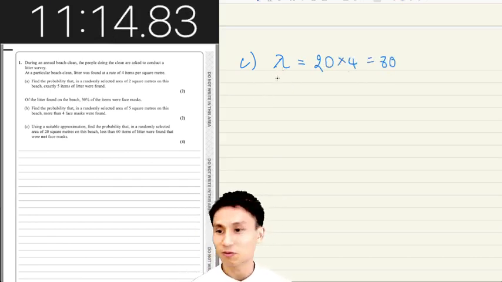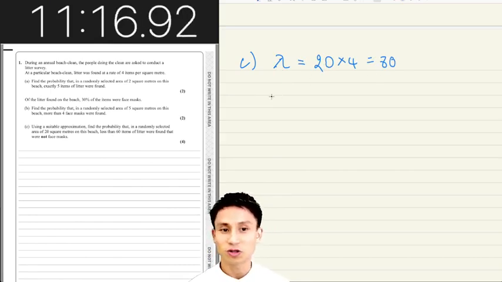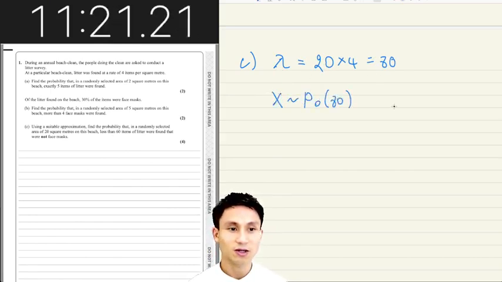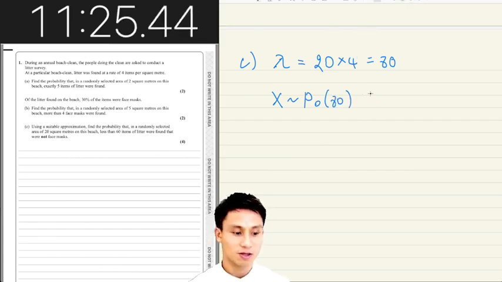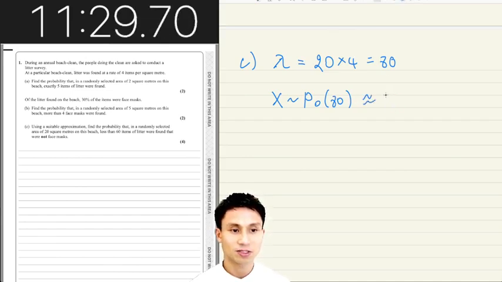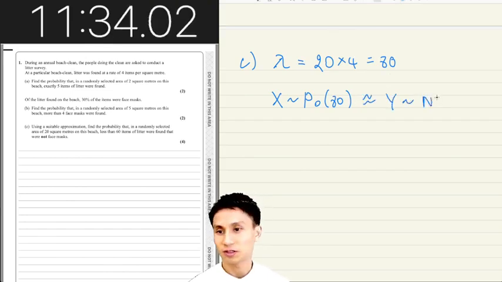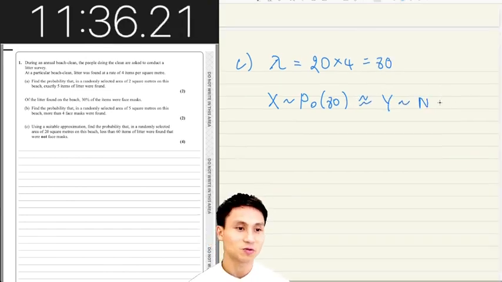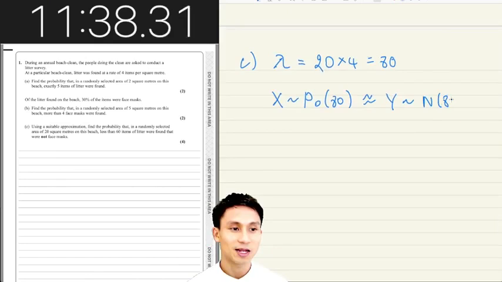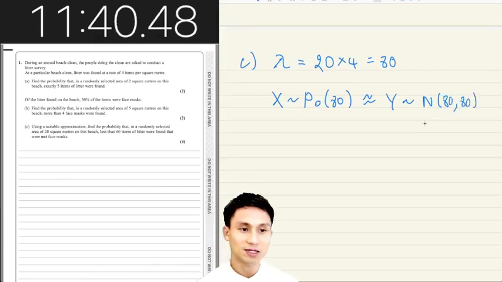Because lambda is just up to 10. So instead of X Poisson 80, we're going to approximate that to, let's say a Y. Normal distribution, right? Because that's the only way we can approximate. We don't have anything better than normal. And that would be mean 80, and variance 80, okay?